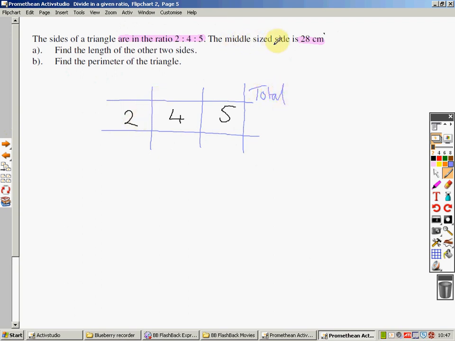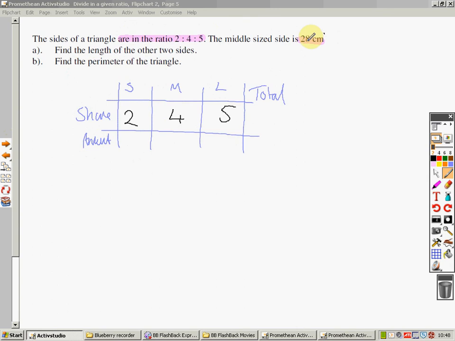Now I was told the middle side is 28, so there must be 2 other sides, a shorter and a longer. So I'm going to go for small, medium and large. This is my share. This is my amount. There we go. Any other information in the question I've been given? Yes, the 28 is the middle. So let's write the 28 in there.